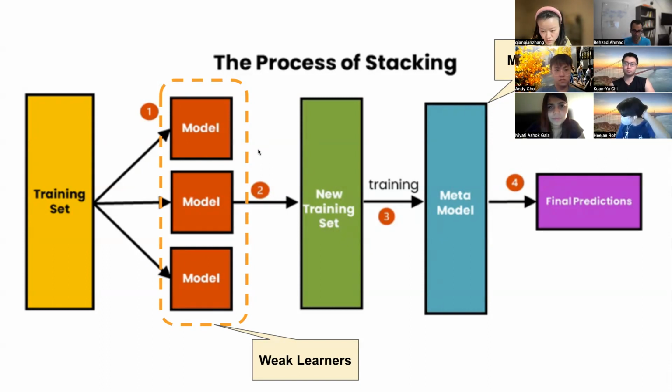Weak learners you can use at the beginning of the funnel, and deep learners you may prefer to use at the narrower part of the funnel.